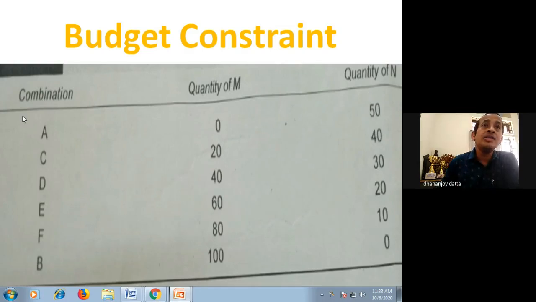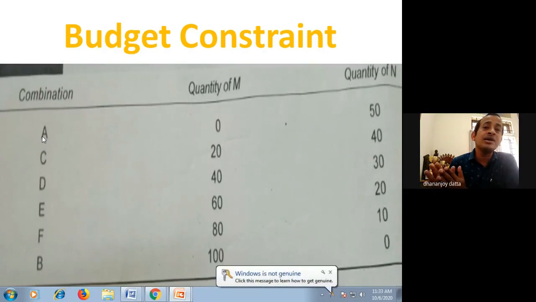Now in the first combination A, see here a combination of two products with a given income and price. Given income is 1,000 rupees and the assumed price is M product 10 rupees per unit and N product 20 rupees per unit.